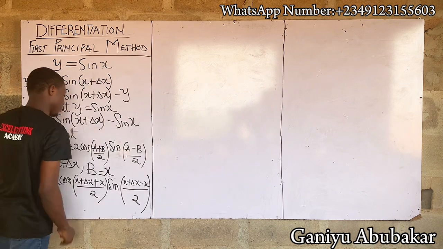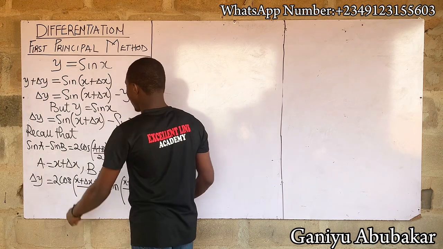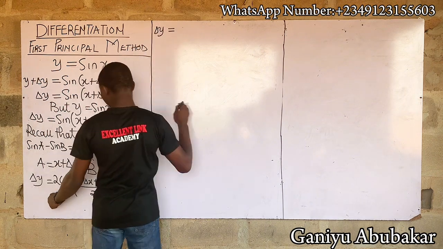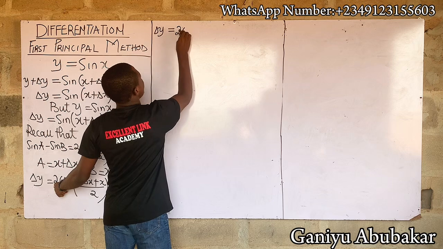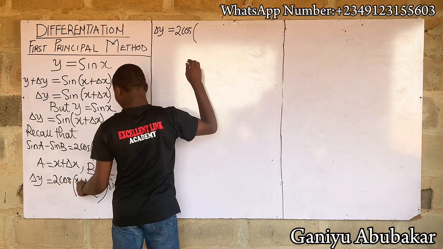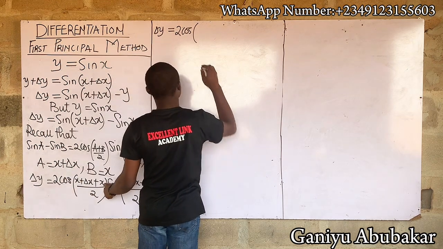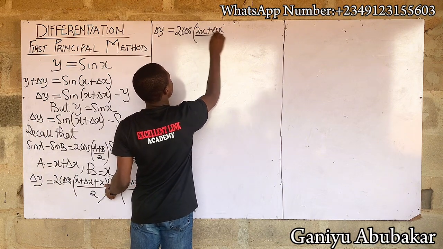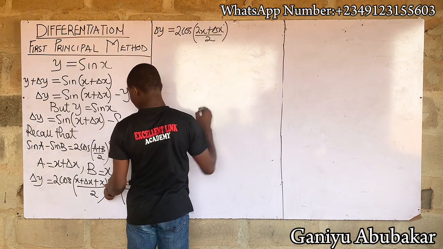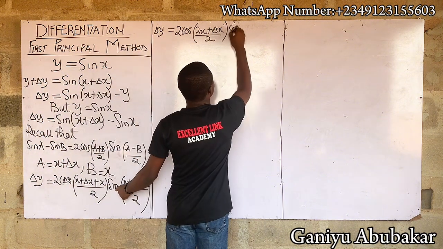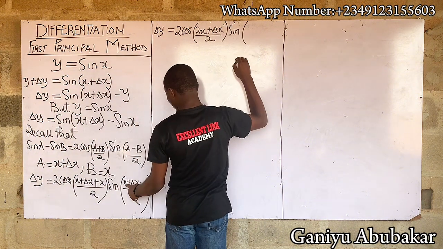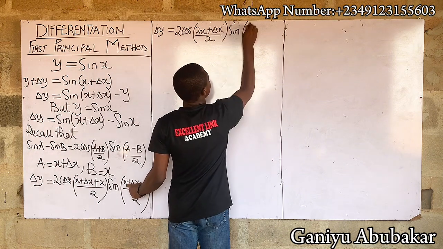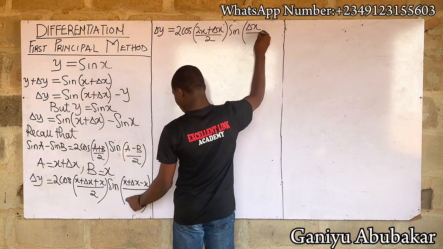So I have this. From here, I'll have that change in y is now equal to 2 cos of x plus x, of course 2x, plus change in x, over 2. So I have this sine of x minus x, of course 0, and I'll have change in x left over, over 2.